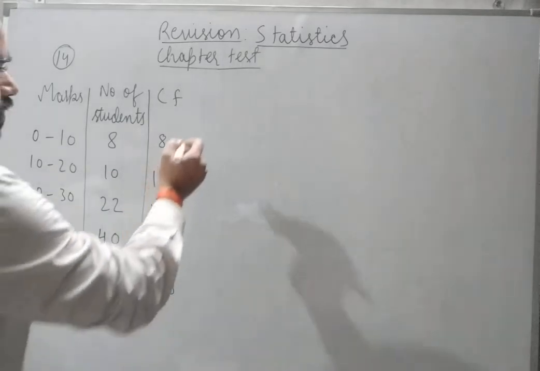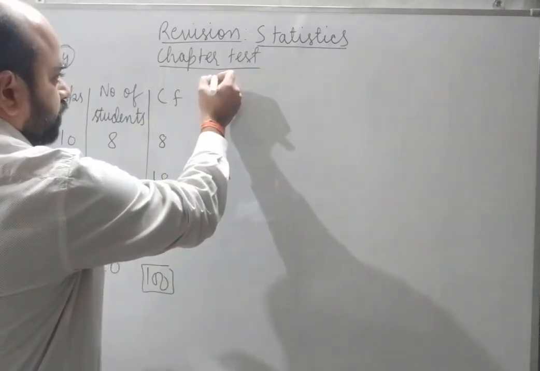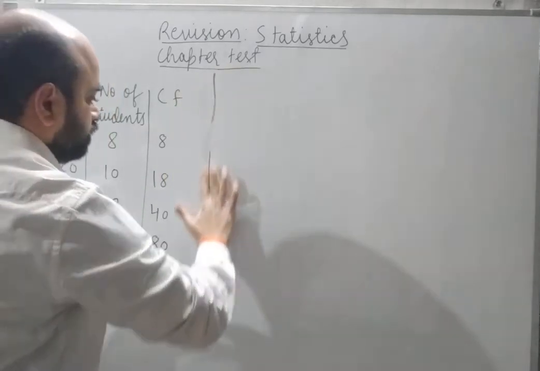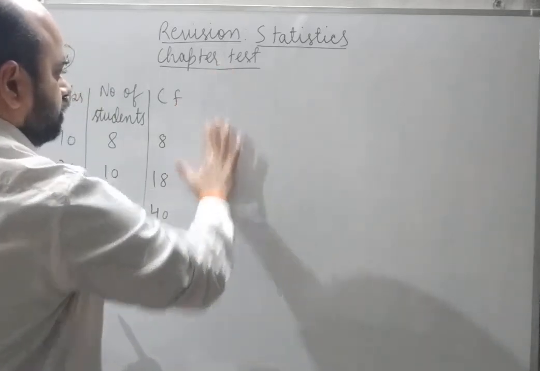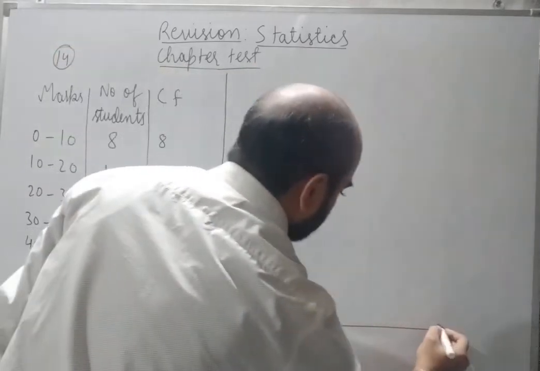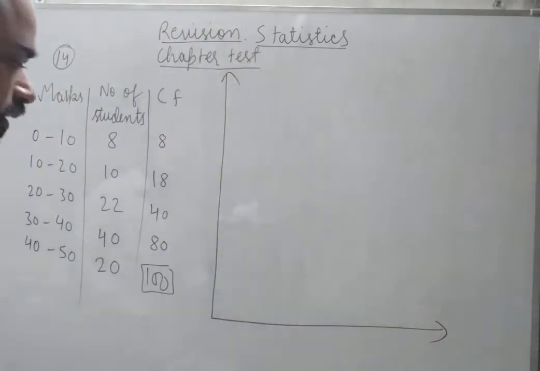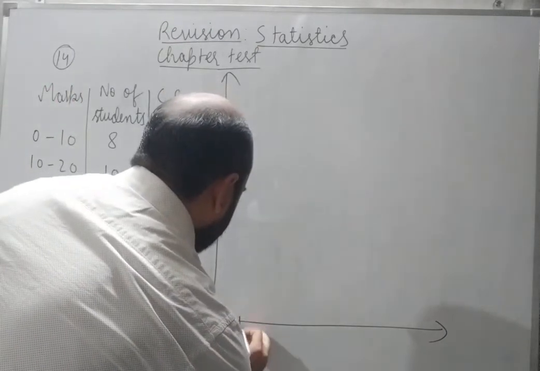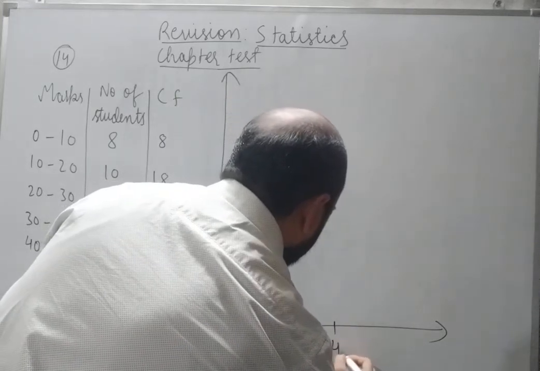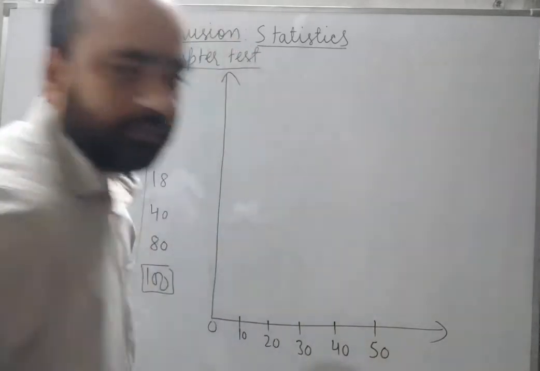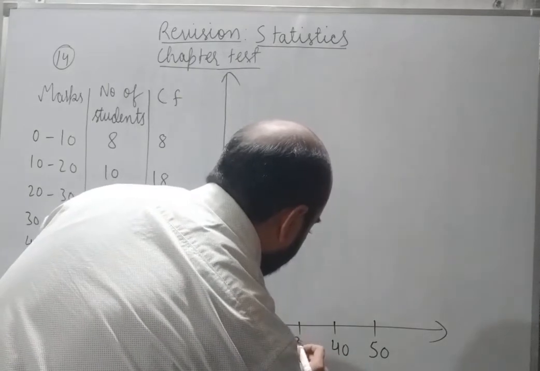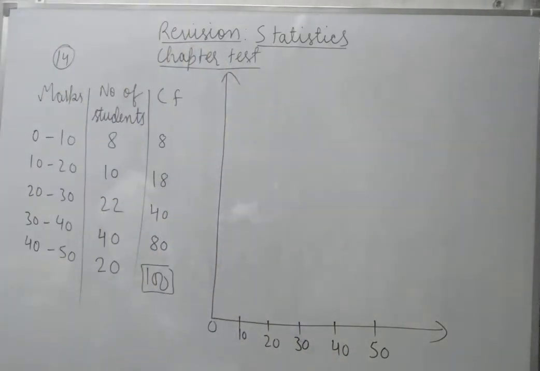So here on x-axis we can take 0, 10, 20, 30, 40 and then 50.